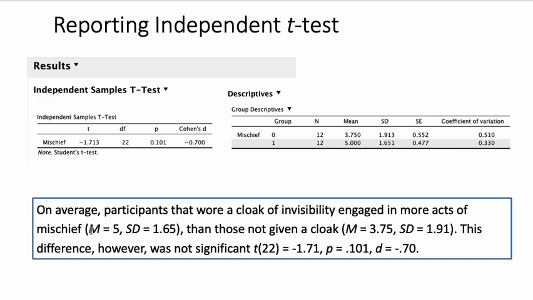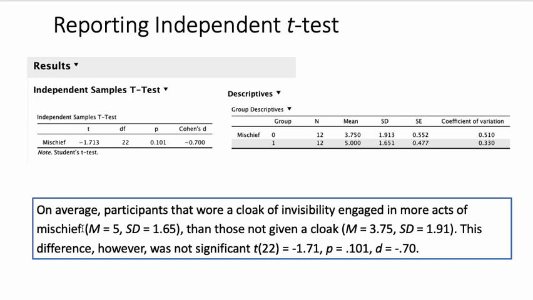So here's the means. They're from the descriptives. So remember, our no cloak group was coded as 0. So their mean was 3.75. So those not given a cloak, the mean is 3.75, and the standard deviation is 1.91. And then our mean for our cloak group was 5 with a standard deviation of 1.65, and that's written here.